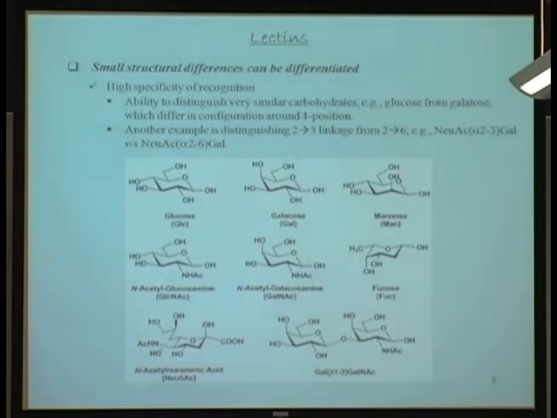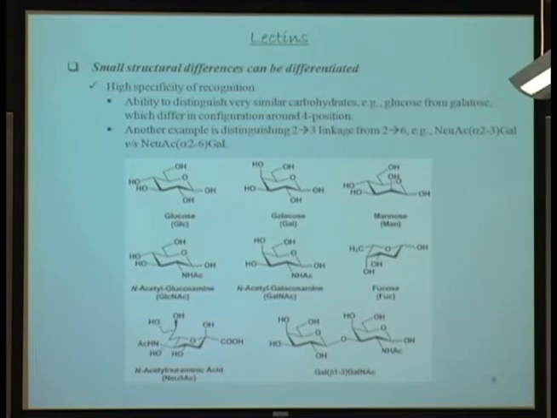Across the board, we've already talked about 2,3 versus 2,6. We have talked about glucose versus galactose. ConA, for example, recognizes glucose and mannose, and the difference is primarily at position number 2. Okay, and I think I have a structure.